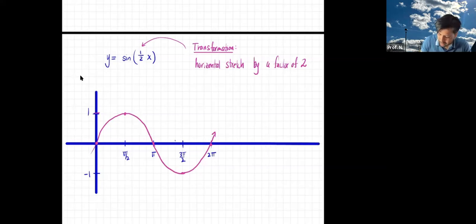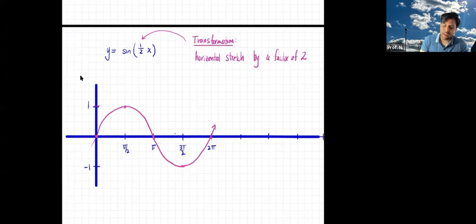And then if I continue on, what's going to happen? I got 4, 4, 4, and I got another 4 here. I'm stretching it by a factor of 2.